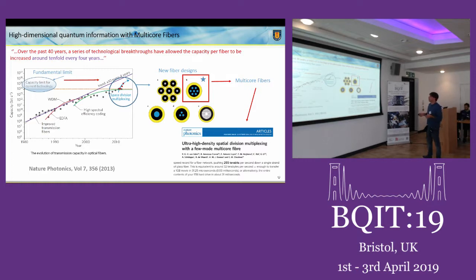It's interesting to see this graph here because we have been able to maintain this trend over the last 40 years. Every 4 years, the amount of information we propagate over the fiber increased 10 times. This is something you have seen in your life. For example, probably today you pay the same that you paid 10 years ago for the internet, and it's much faster.